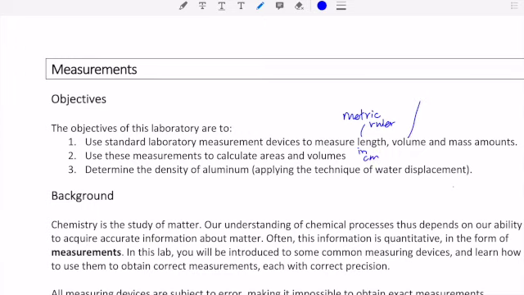Also going to be using a beaker and a graduated cylinder to measure liquid volume, and that will be in units of milliliters. And then we're going to be measuring mass using an electronic balance, and that is in the lab, and I'll provide video. Okay, mass is measured in the lab in grams, or g.